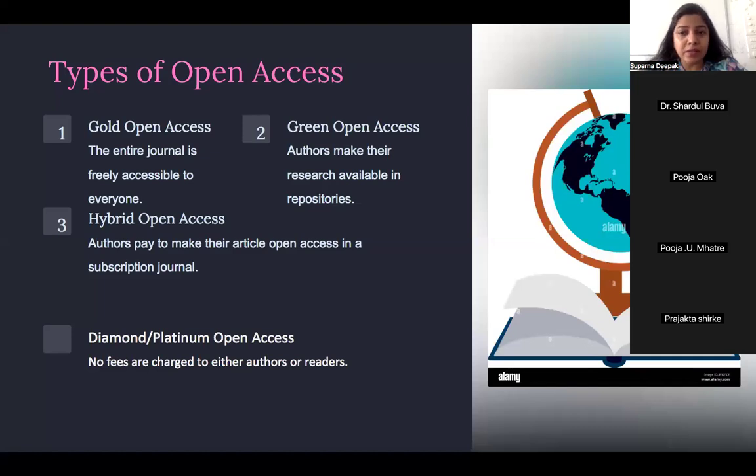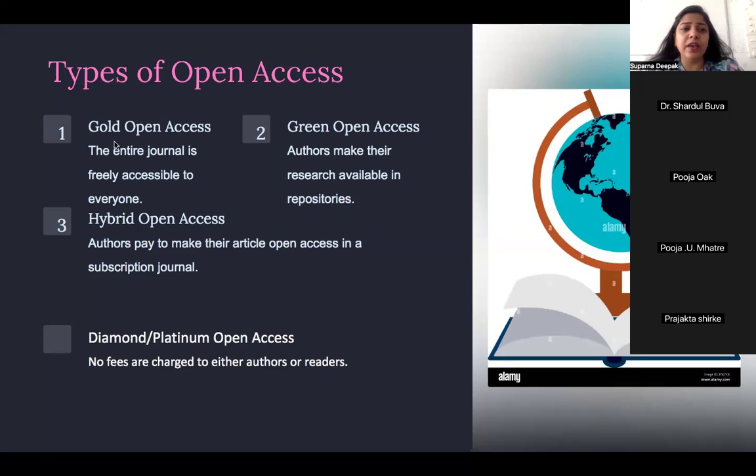So it is important that we change this mindset, because there are different options available for publication. These are the different types of open access. Whichever journal we select, you will see these different terminologies, so I will tell you what they mean.